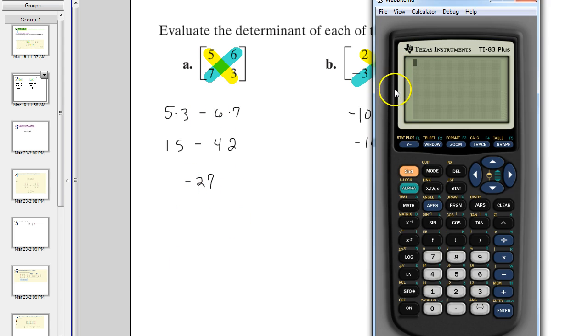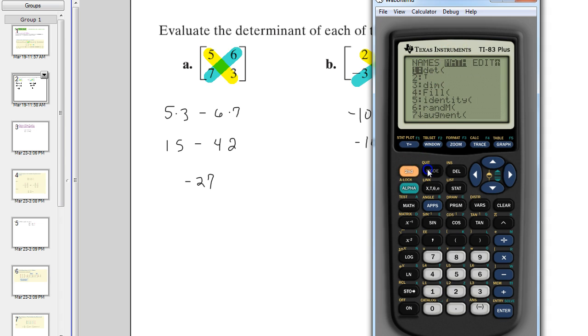Alright, the question everybody always asks is, can your calculator do a determinant? And the answer is yes. If you recall, when we go through and set up our matrices before, when we came over here to math to find RREF, most of the time we just start scrolling up because it's easier to get to REF and RREF by scrolling up. But if you look, as soon as you go to math, DET, that's the determinant.